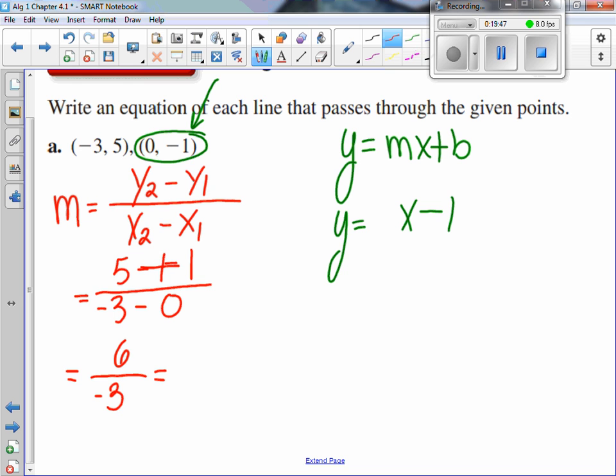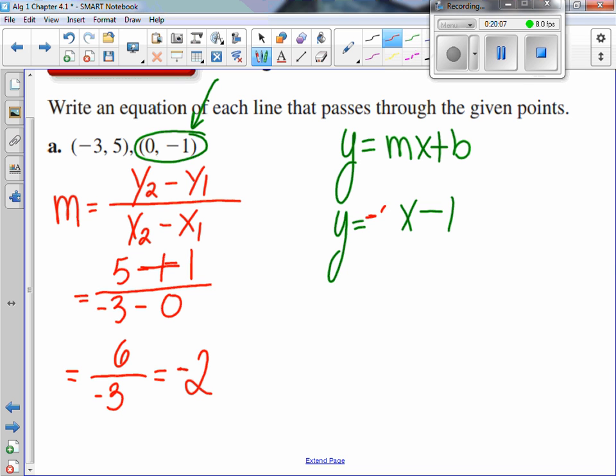So we did 5 plus 1 and gave us 6. Negative 3 minus 0 gave us negative 3. 6 divided by negative 3 would be negative 2. Because a positive divided by a negative would be a negative. And 6 divided by 3 is 2, so we get negative 2.